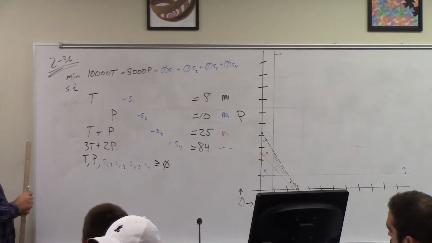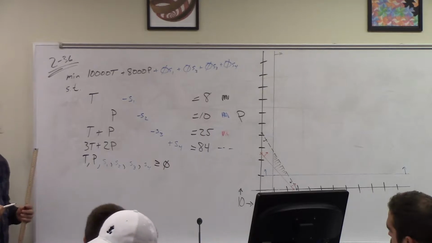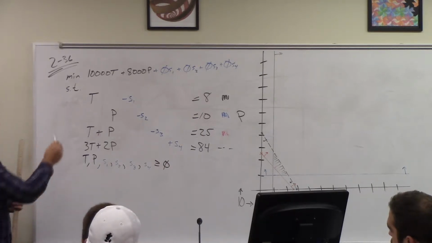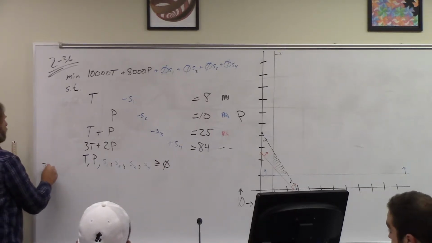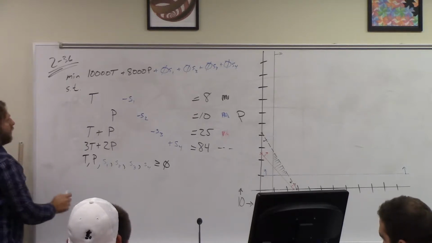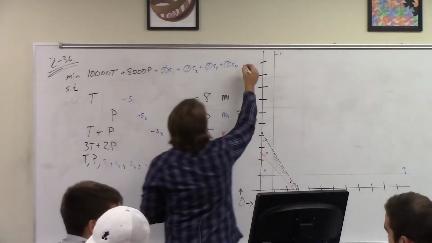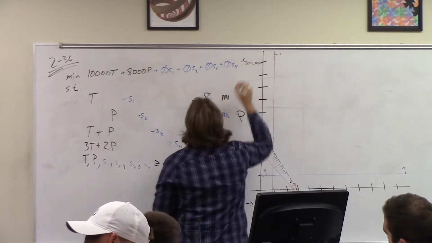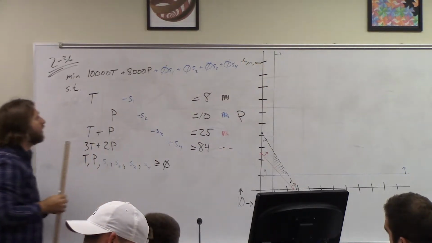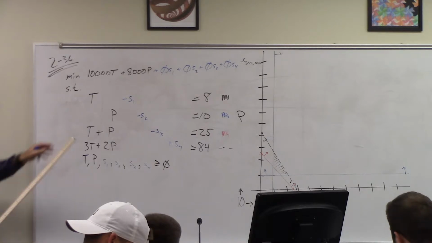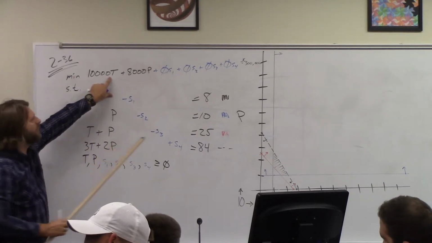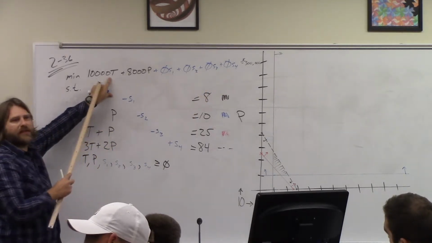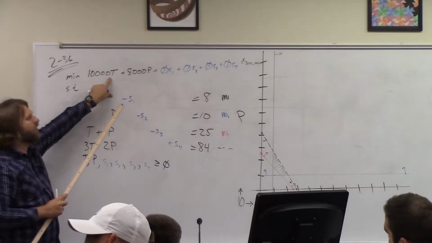Let's say $300,000. So let's temporarily assign it $300,000. Say it costs us that much. So what is the value of T going to be? 300,000 divided by 10,000? 30.